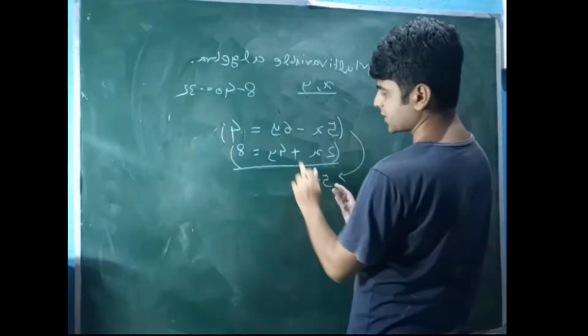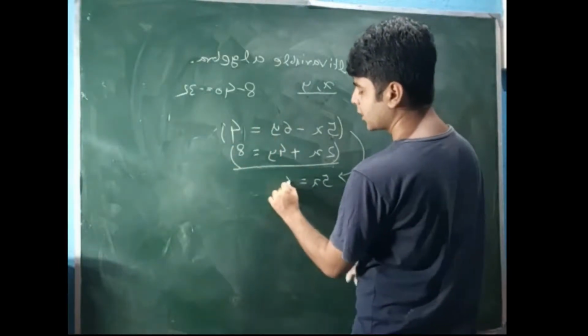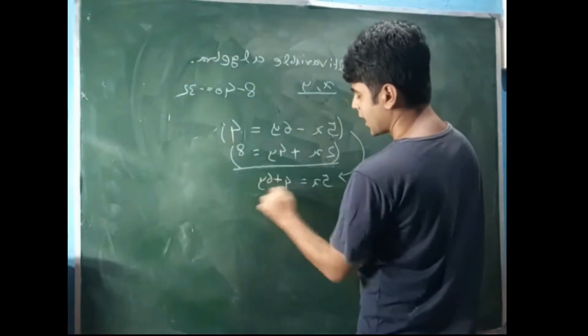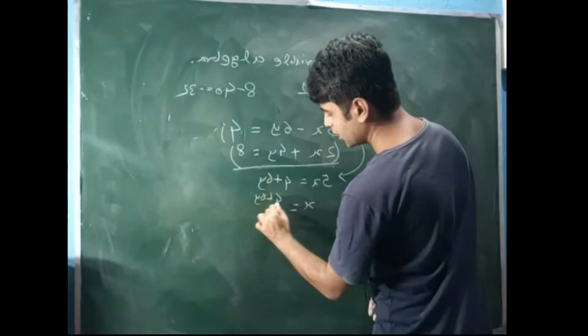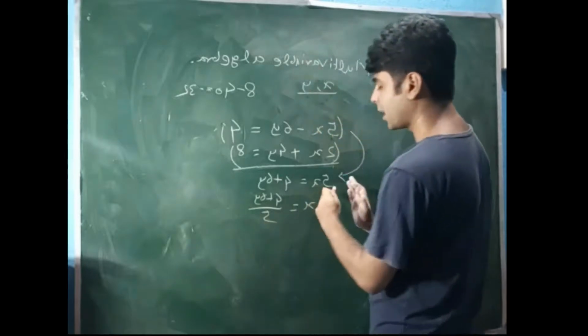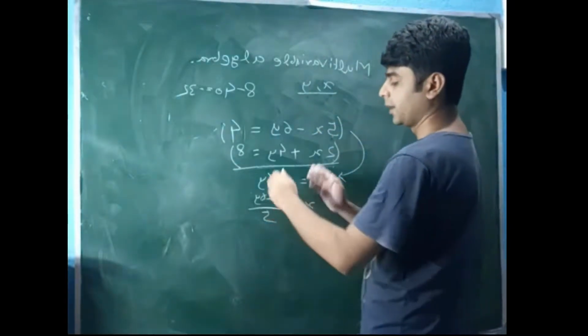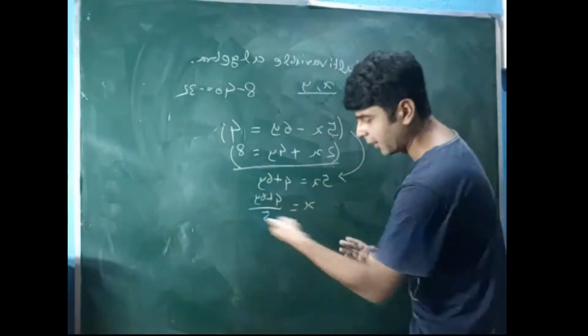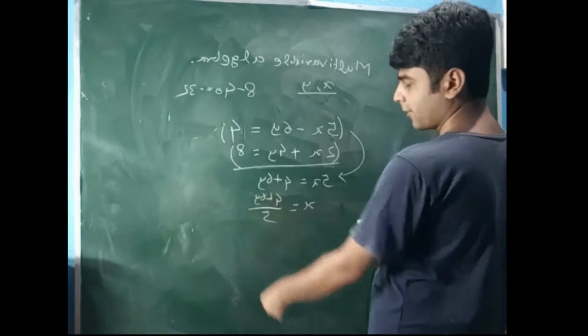So minus 6y going to the right hand side becomes 4 plus 6y, and x becomes 4 plus 6y divided by 5. You have to remember, it's not only individual terms divided by 5, rather it's the complete 4 plus 6y part divided by 5. So we got x equals 4 plus 6y by 5.